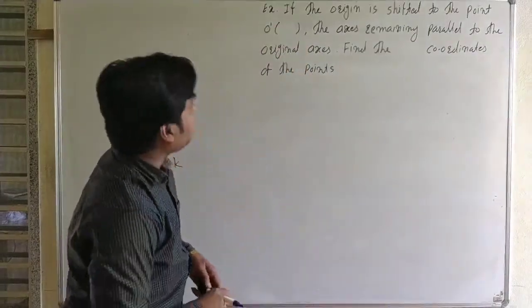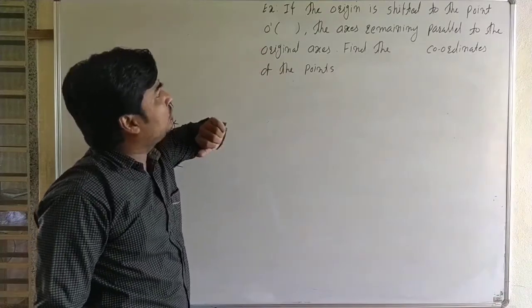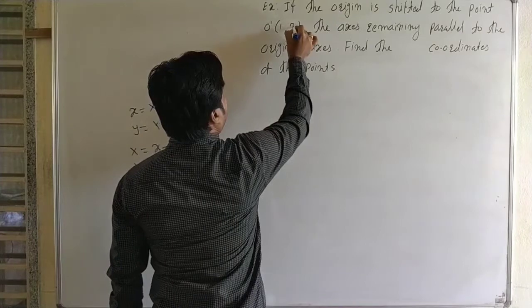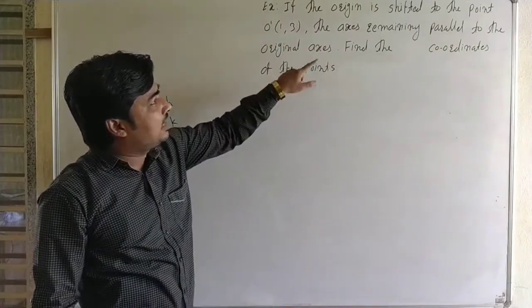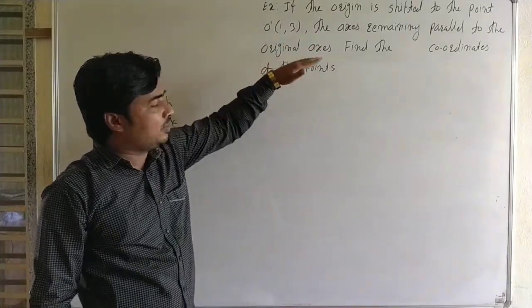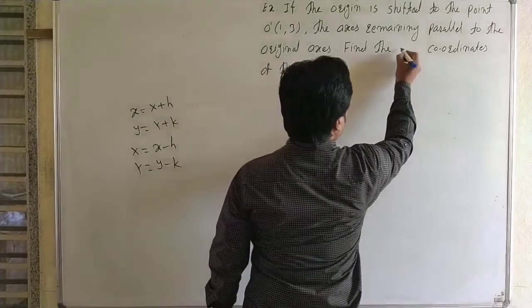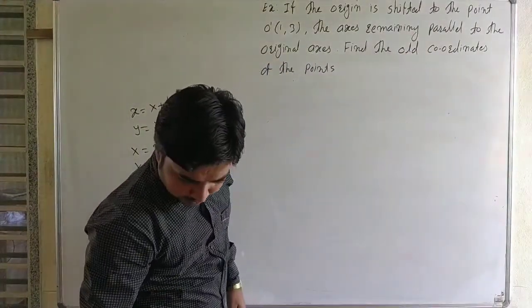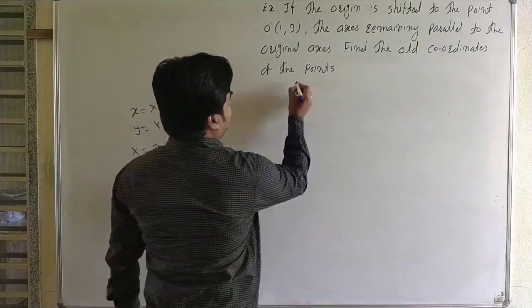Here, if the origin is shifted to the point (1, 3), the axes remaining parallel to the original axes, find the old coordinates of the points.